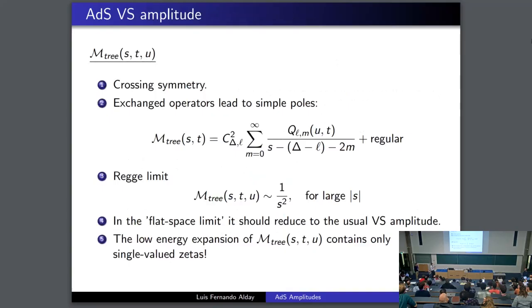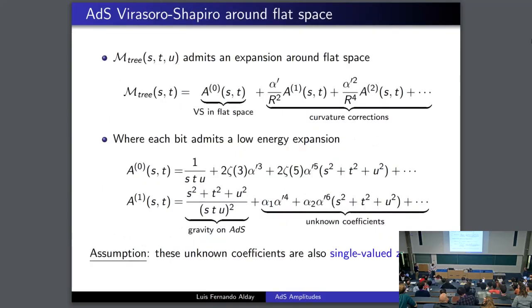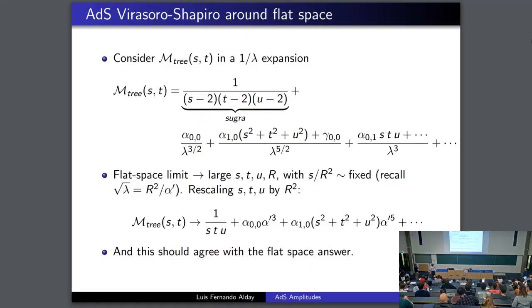And basically what this gives you is linear relations between these coefficients here. And the linear relations are very powerful to low orders in 1/λ. At higher orders in 1/λ, they become less and less powerful because we have many terms here.